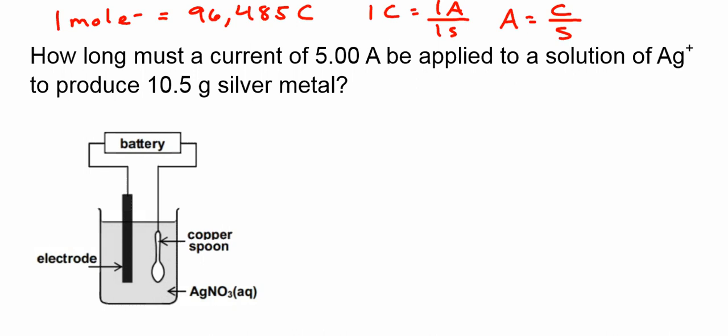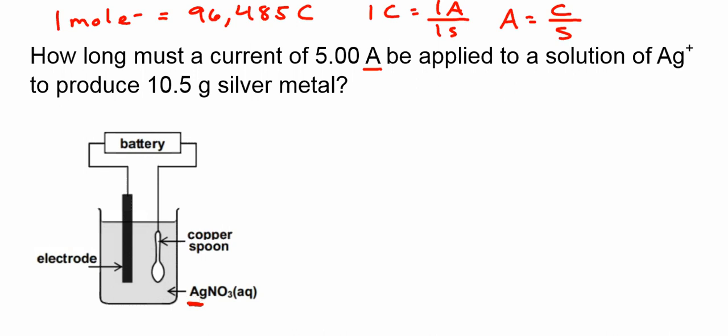So I have a little picture on the bottom left here, and what I have is an electrode on the left, a battery, and then a copper spoon. And notice that I have silver here as my solution. And what this is really doing is that I'm plating my spoon and making it silverware. So it says, how long must a current of 5 amps, that's amperes, be applied to a solution of Ag+ to produce 10.5 grams of silver metal?